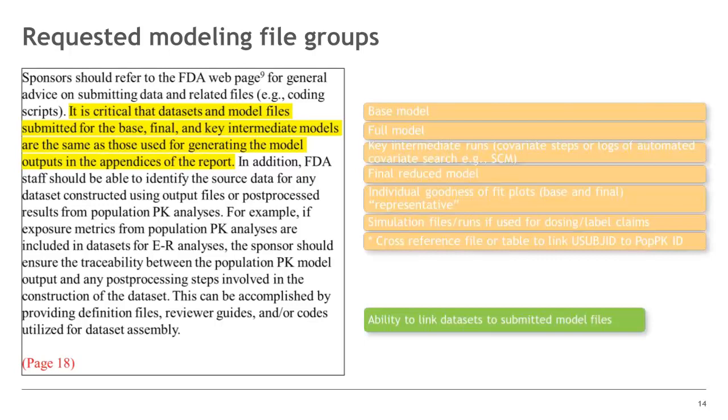We can't carry that through our analysis, and so we wind up with a numeric substituted code for each individual. They would like some sort of cross-reference for that. So either a simple table that says, here's my subject ID, here's what I use in my analysis data set, and here's the eSub ID that you're used to, that links it to all the other information out there in the submission volume.